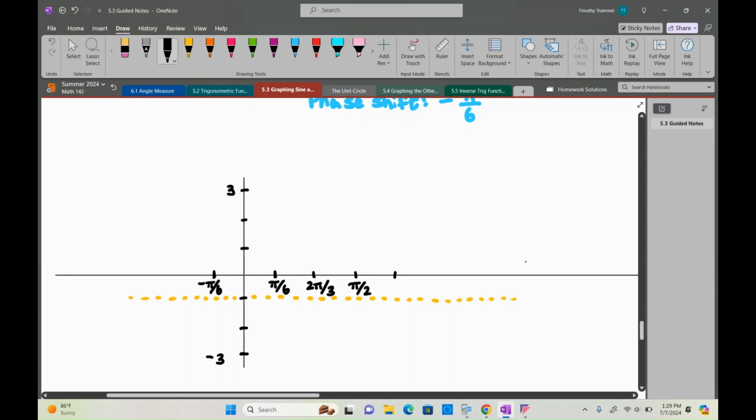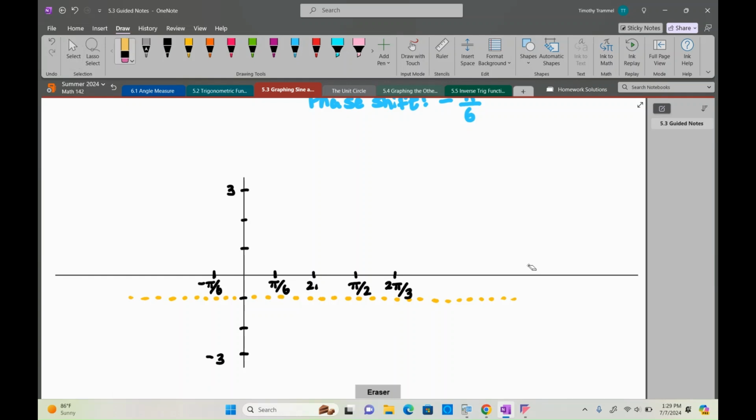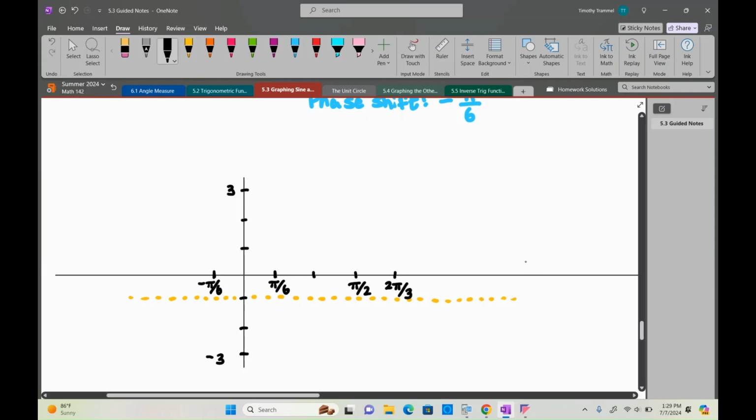I'll fix it in a second. So 4 pi over 6 should simplify to 2 pi over 3. This one over here should have been 2 pi over 6, which is pi over 3. There we go. And then next, so this was what, 4 pi over 6, so this will be a 5 pi over 6.